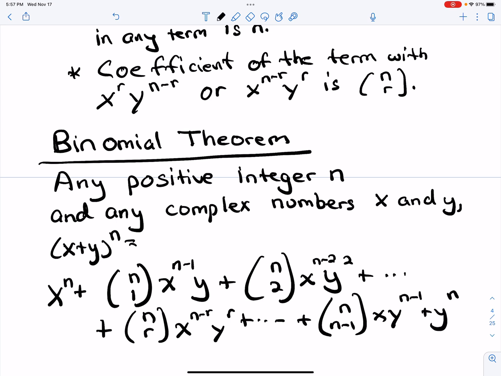So this is just a fancy mathematical way of saying what's going on here.